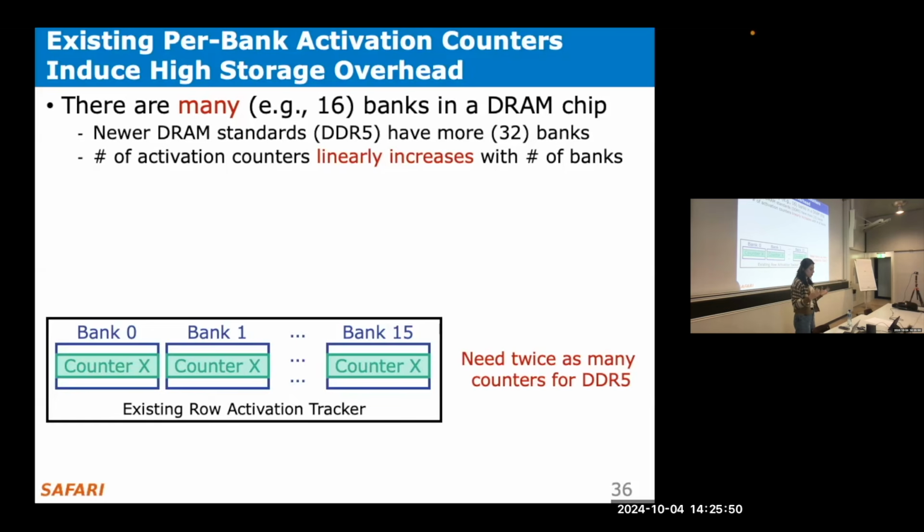So what we are trying to do is come up with a mitigation technique that scales well when we increase the number of banks. Our observation is that DRAM rows with the same row IDs are usually activated similar amounts, and therefore we are grouping them together and using just one counter. Does that answer your question? Okay. Second question: my understanding is that you implement these counters in the processor because you evaluated using CACTI. We implement these in the memory controller specifically.